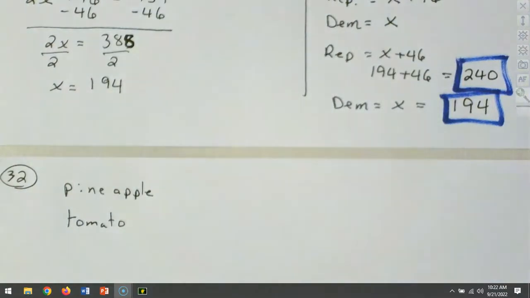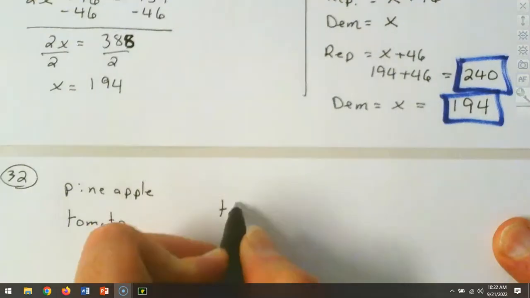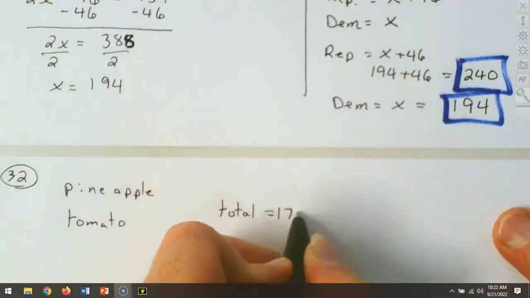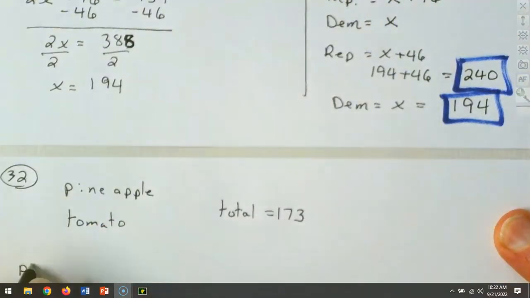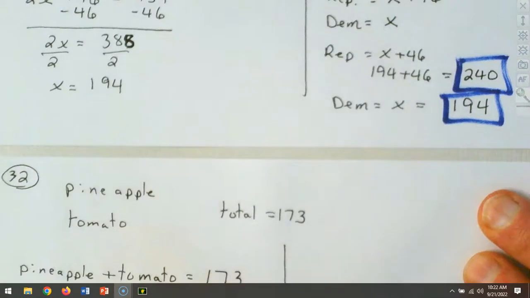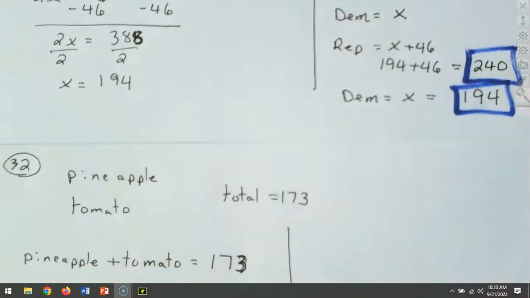And we have a total, so let's find that total. When we add them together, we get a total of 173. So that's going to be our pineapple plus our tomato equals 173. Okay, so that's where we're going to begin.